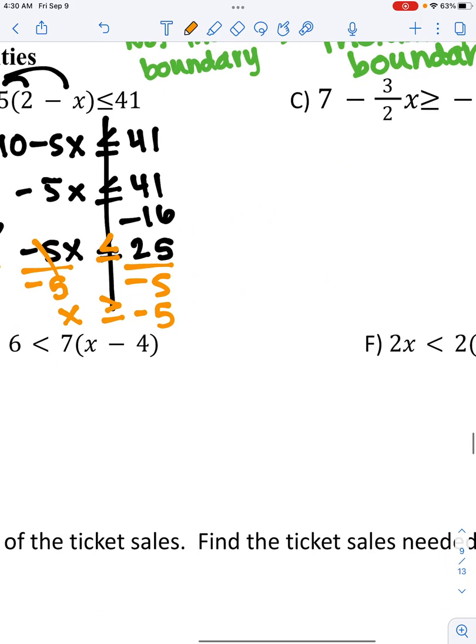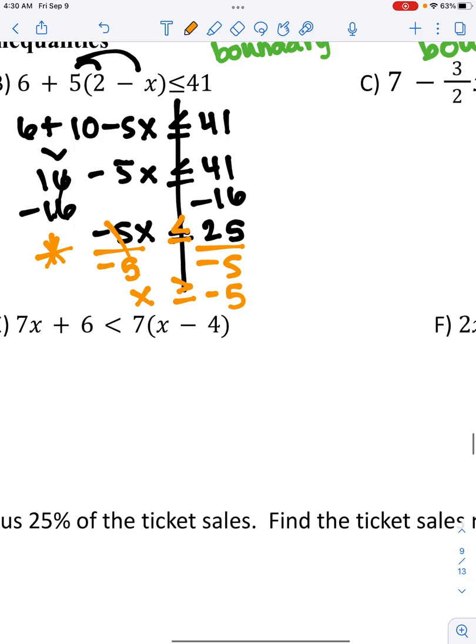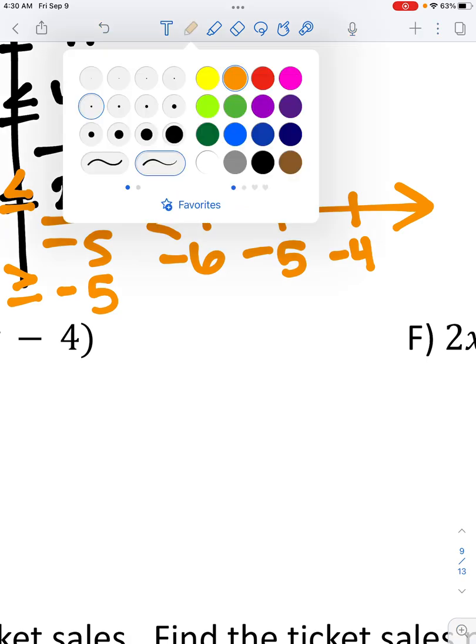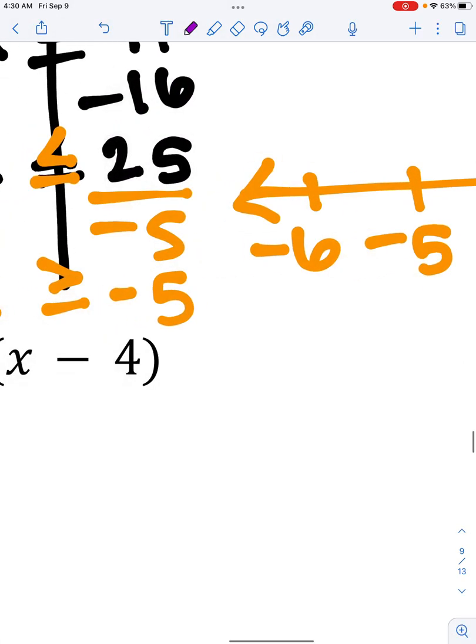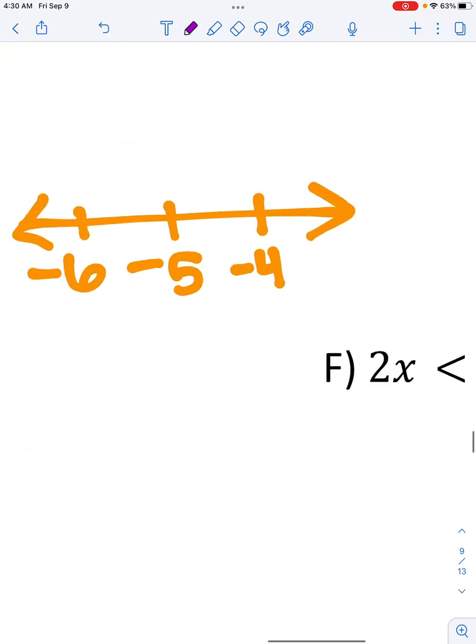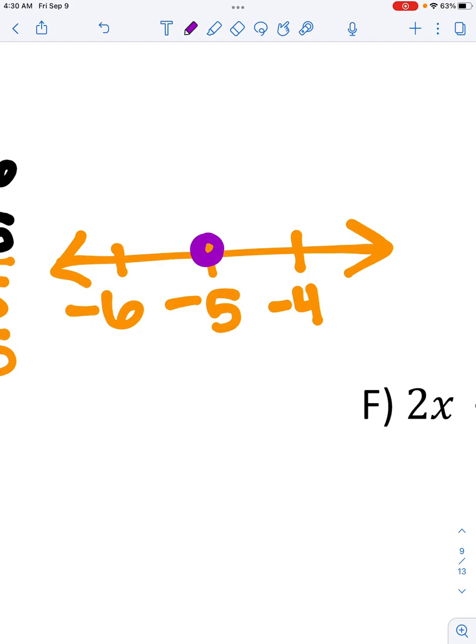All right, and then when I go to graph that, I'm going to run out of room here. So if I put negative 5 in the middle, looking at a number line, to the right of negative 5 we're going towards 0, so this is negative 4, and then to the left is negative 6. Remember, the negative numbers go the opposite direction of the positive numbers. And then since this is greater than or equal to, we're going to make a closed point there.